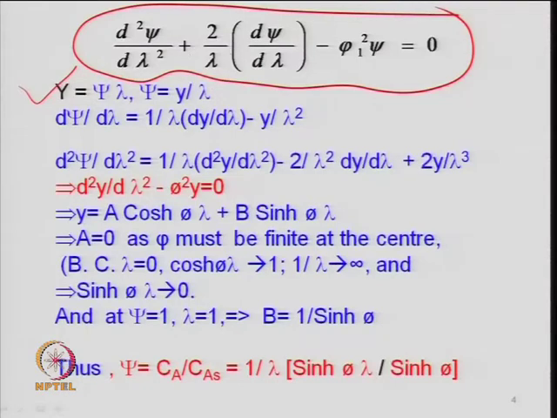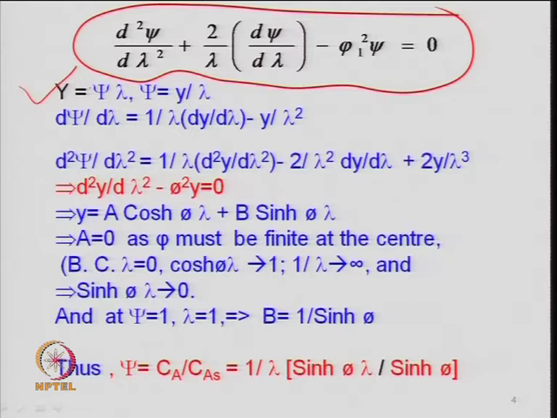So, one can very easily write the value of d 2 psi by d lambda square and d psi by d lambda in the form of y. So, you see here that d psi by d lambda is 1 by lambda times dy by d lambda minus y by lambda square. So, differentiation of psi equal to y by lambda, where y and lambda both are variable.